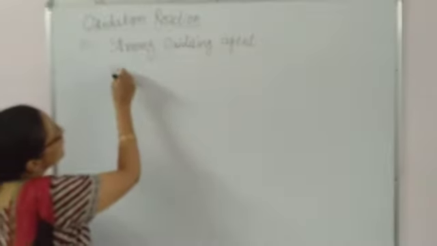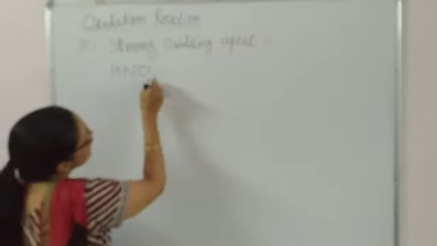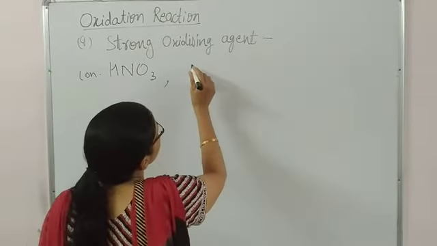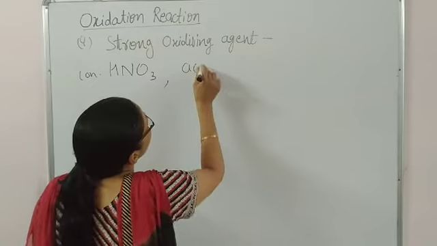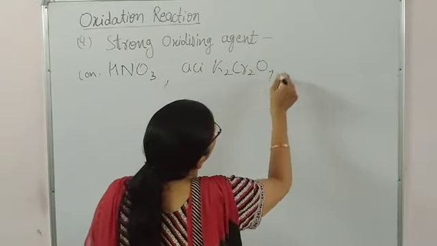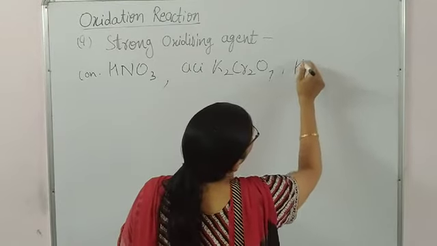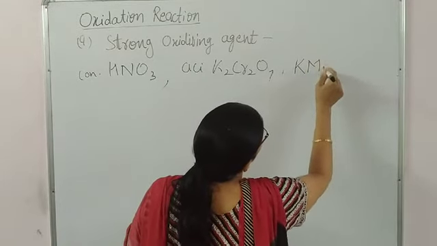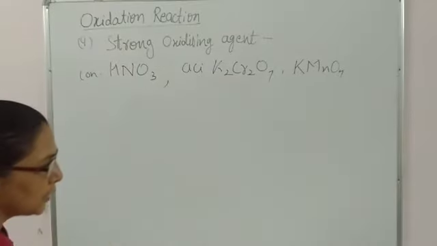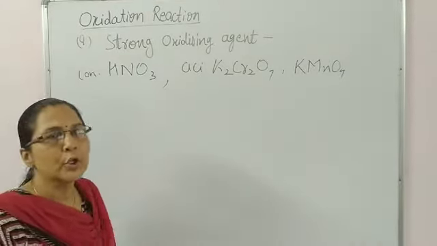I am writing examples of oxidizing agents: concentrated HNO3, then acidified potassium dichromate, or KMnO4. Out of these reagents, any one will react with the aldehyde or ketone.